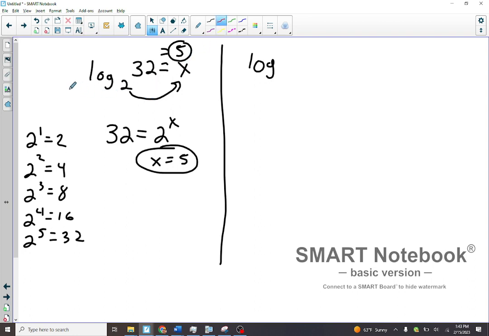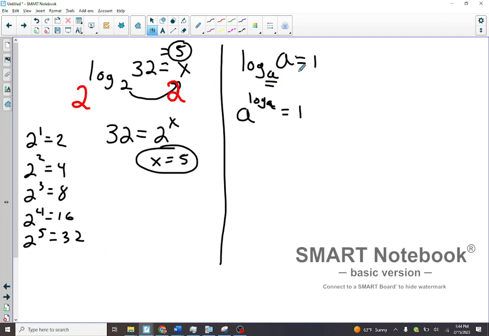Technically, you're bringing a base 2 here and a base 2 here. Here's a generic rule, a property. If log base A of A cancels out to 1. But it also works in reverse. A to the exponent log base A also cancels out, particularly when it's in the same base.